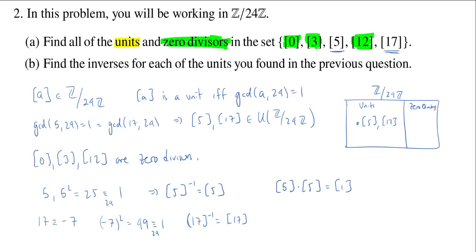So this is what's telling me that the inverse of 5, what did I have to multiply 5 by to get 1, is exactly the class of 5. And the same thing is happening over here. And you might say, well, wasn't it negative 7? But of course, negative 7 and 17 are the same thing, modulo 24. So in each of these cases, they are their own inverses.